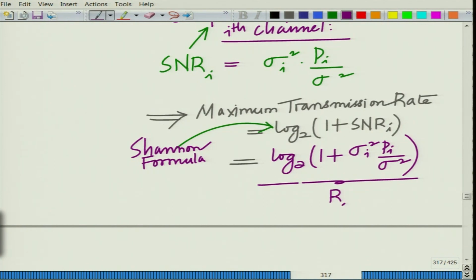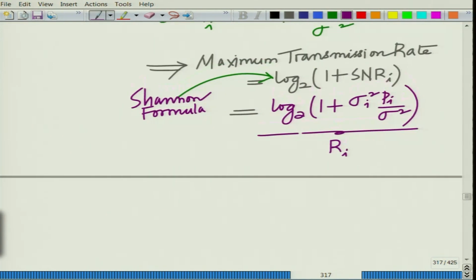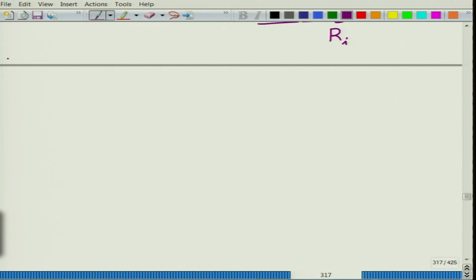So, this is the maximum rate I for the ith channel. And now the sum rate, so this is the rate I for each channel I, and therefore, the sum rate is basically obtained by the sum of the rates of these individual T channels, all right.